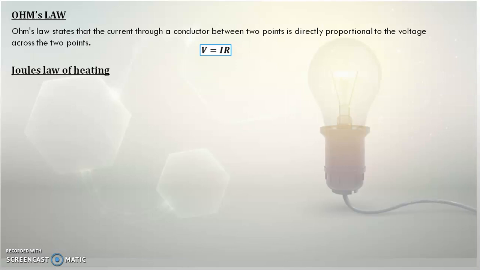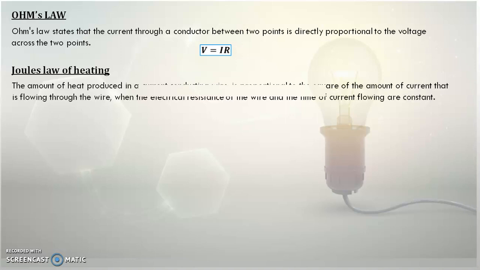Now let's go to the next important point, that is Joule's law of heating. You know that when a current passes through any material or conductor, it gets heated up. We are going to learn how this heat is produced and how to calculate it using Joule's law of heating.